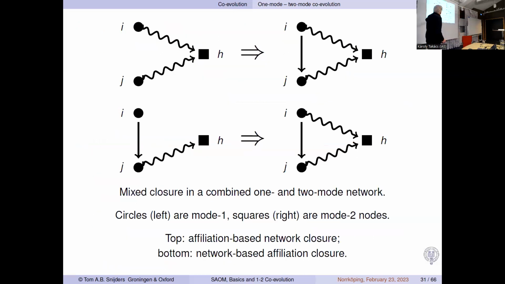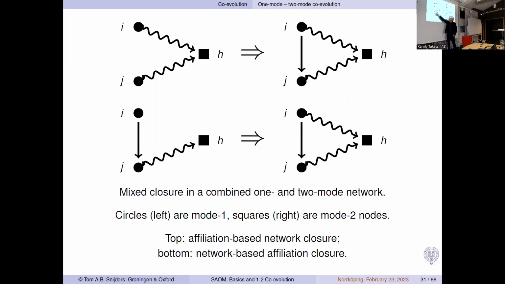In these pictures, the circles are the individuals in the first mode. Squares are activities in the second mode. Straight lines are one-mode ties, so friendship. These wiggly arrows are choices of activities. Here you see the same end result of a closed triangle, but in the top, it goes by both doing the same activity and then becoming friends.